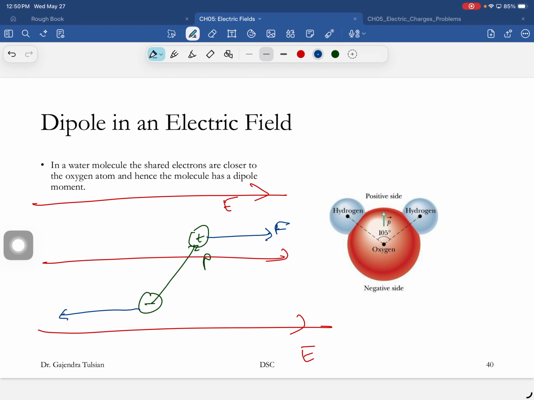So let's say you have a dipole moment and you place it in this electric field. This guy feels a force like that, and this guy feels a force like this. It turns towards the electric field. Will it continuously spin? It aligns with the electric field.